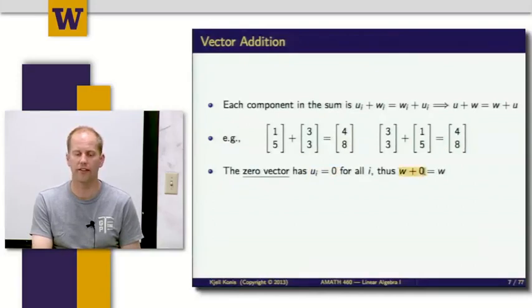If I add 0 to any vector, you have to be a little bit careful here, because this 0 vector has to be the same length as the vector W. Generally, if W is a vector and I add 0 to it, the type of 0 has to match the type of W in order for me to be able to do this operation. So 0 must be a vector of zeros, the same length as W. And the 0 vector has the same property of 0, so if I add it to any vector, I just get my vector back.